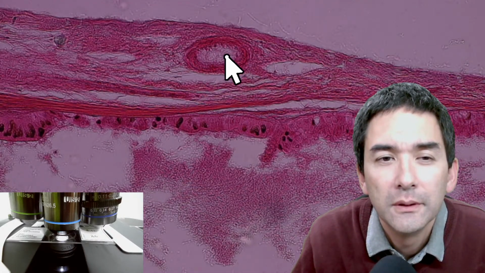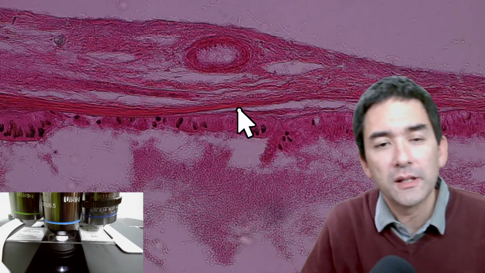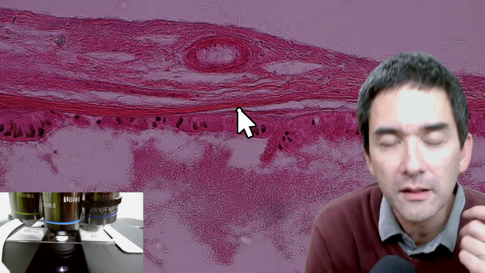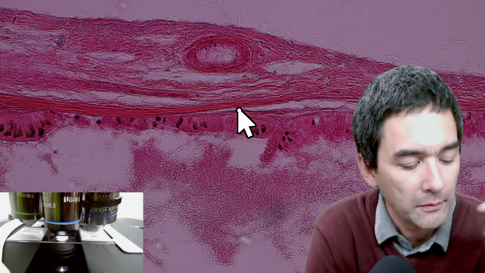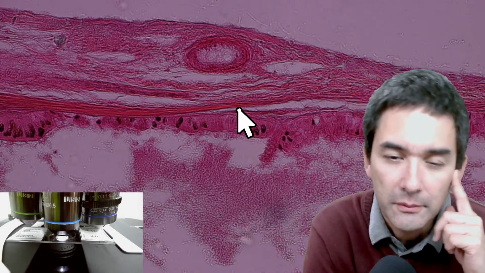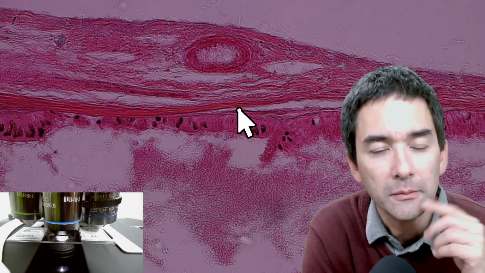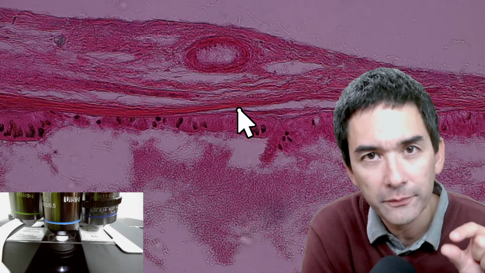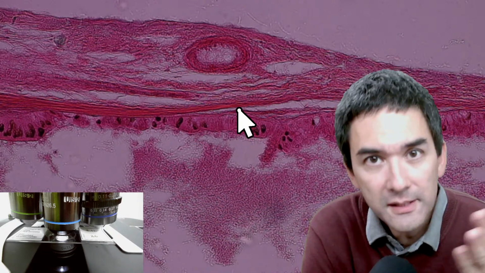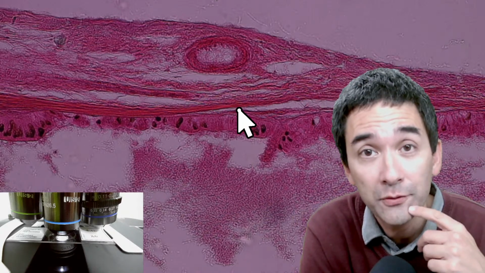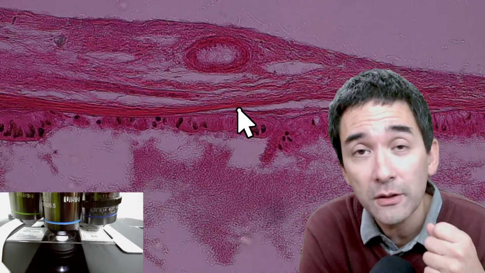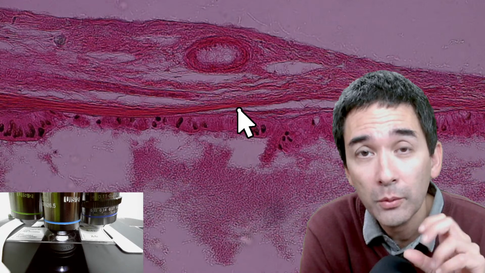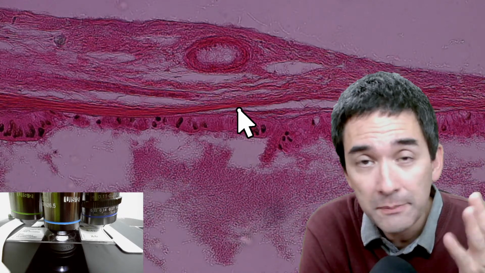So the question is, how do you make those slides? I can briefly tell you, at least theoretically, because when I studied we had to read up on this and know this a little bit. You have to take a piece of meat, let's say muscle tissue, whatever tissue, and you have to first of all fix it. This means that you have to put it into a solution which denatures the proteins. You have to keep it in there.